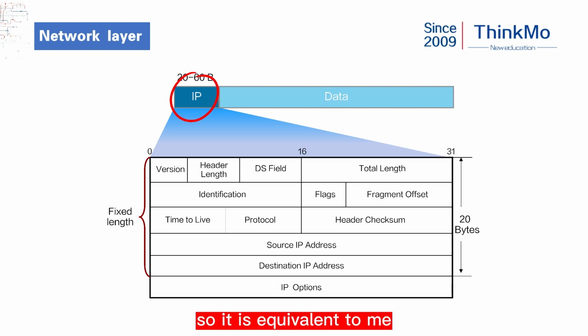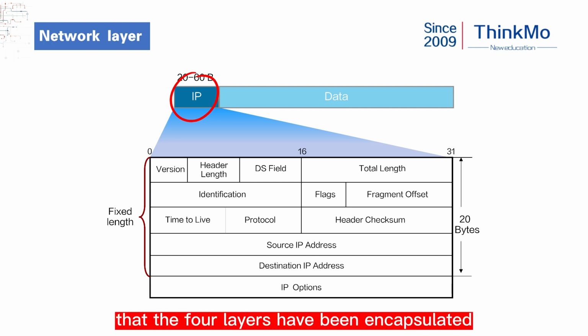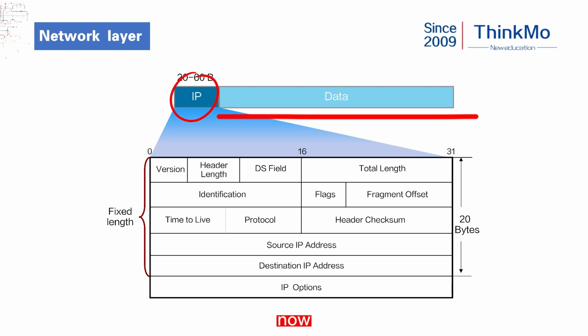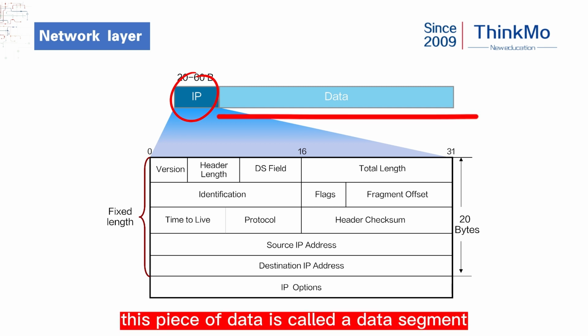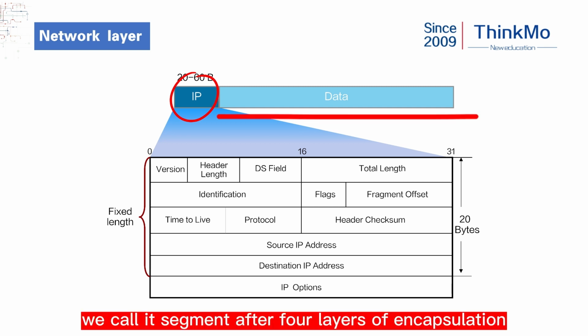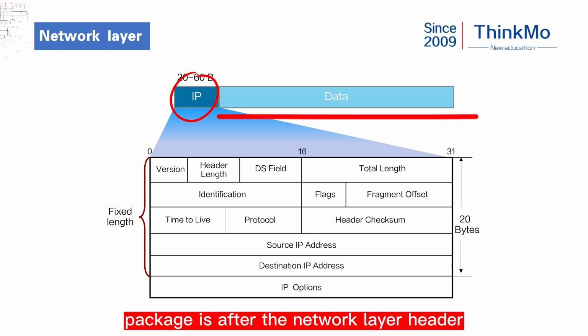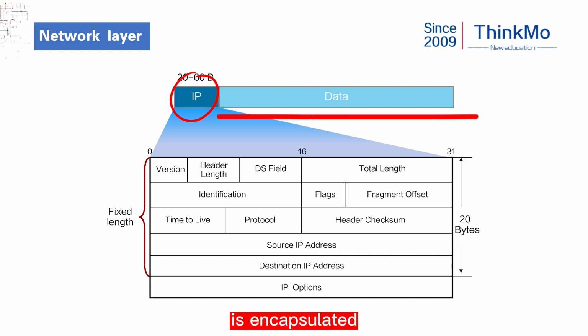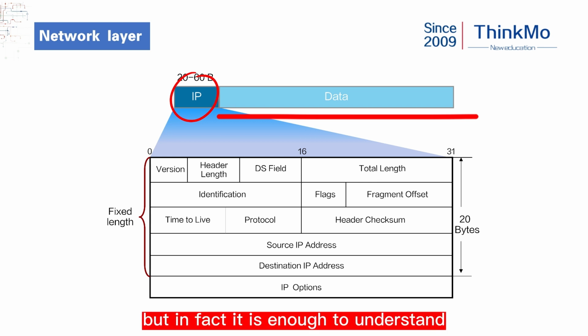So the 4 layers have now been encapsulated. This piece of data is called a data segment. We call it a segment after 4 layers of encapsulation. A packet is after the network layer header is encapsulated. Don't confuse this, but it is enough to understand.